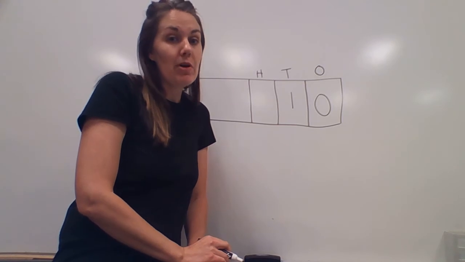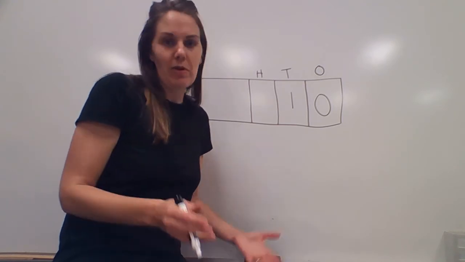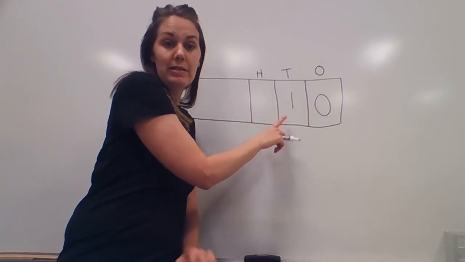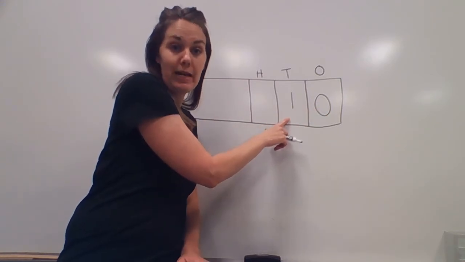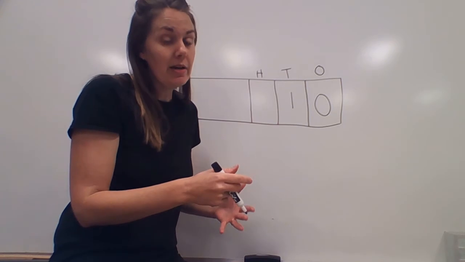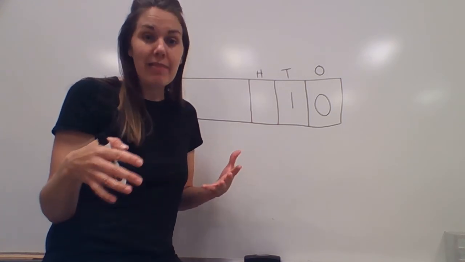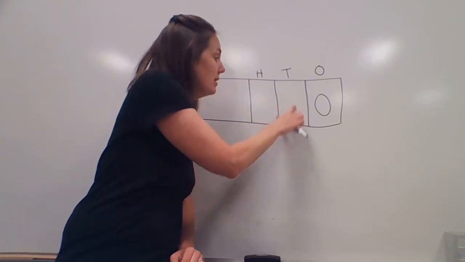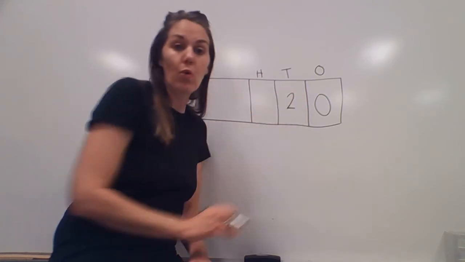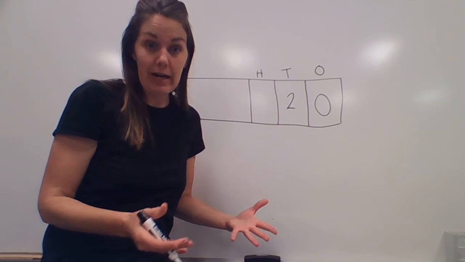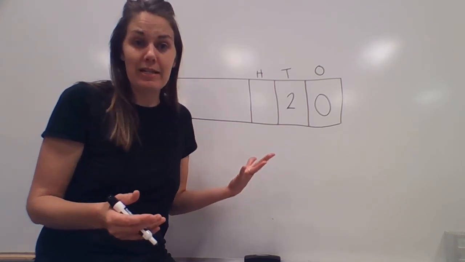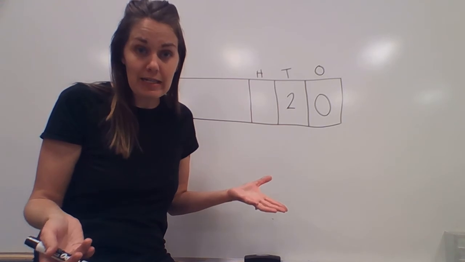If I keep going, 11, 12, 13, 14, 15, 16, 17, 18, I'm adding more ones, but I still am keeping that 1 ten. Eventually, I get to 19, and then I have to switch to the next tens, which would be 2 tens, or 20, right?